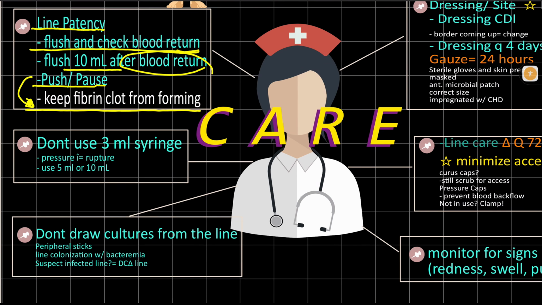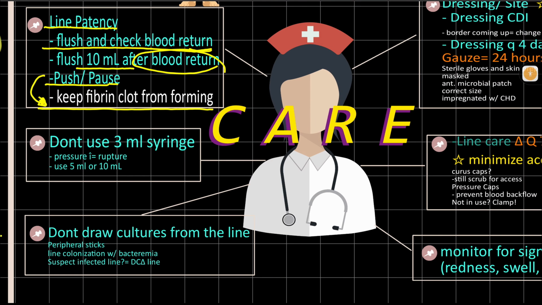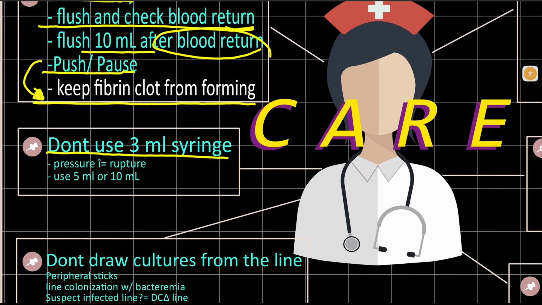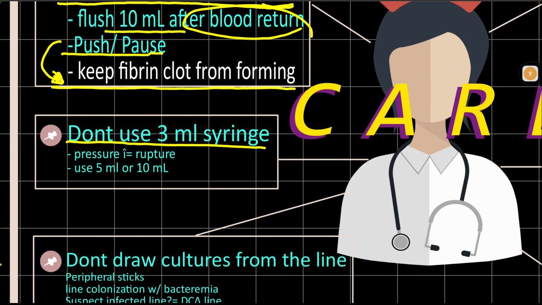Next, one way of taking care of your central line is by not using 3 ml syringe. Why? Because you guys, if you're using a 3 ml syringe, remember that it has a higher pressure and you're gonna put your central line into the state of rupture.